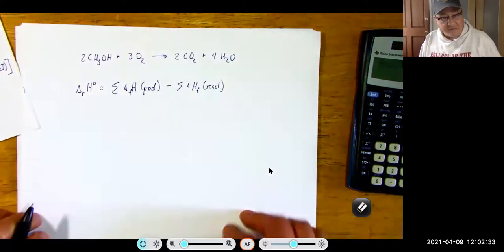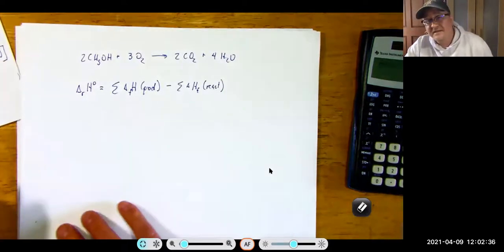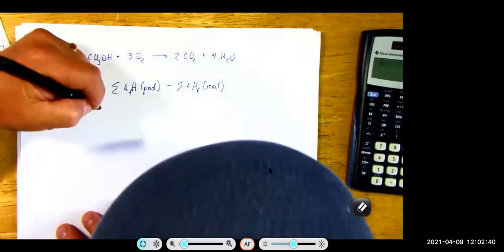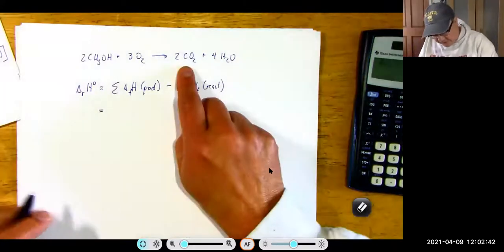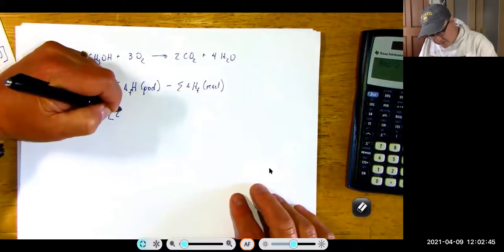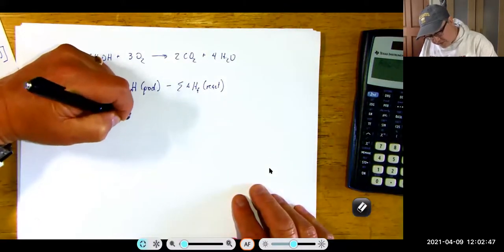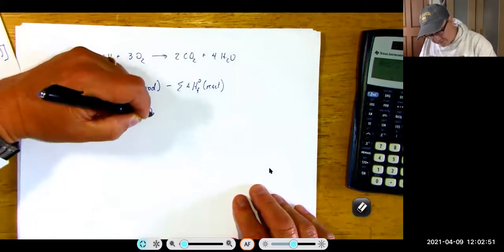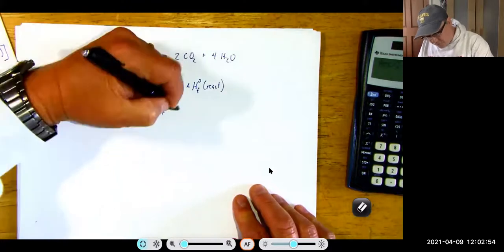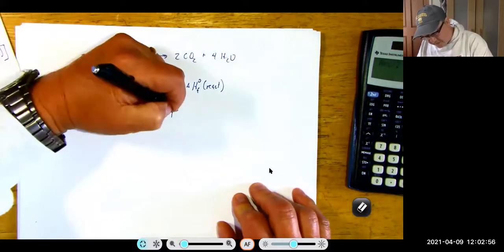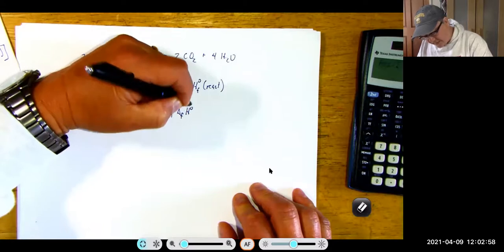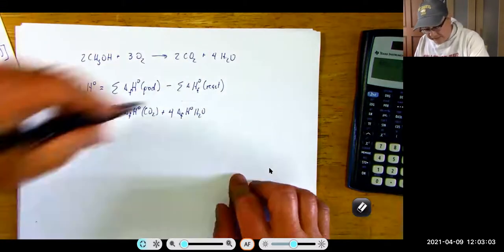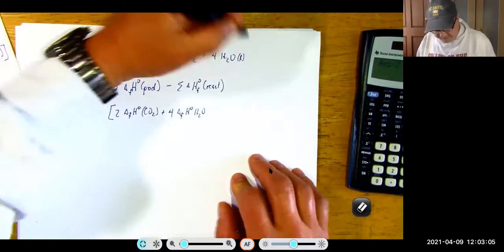Do you kind of remember that formula? Yeah. So here, if we look at the products, we've got CO2. So we're going to say 2 times the enthalpy of formation of CO2 plus 4 times the enthalpy of formation of H2O. And I think this is a liquid, then that matters.